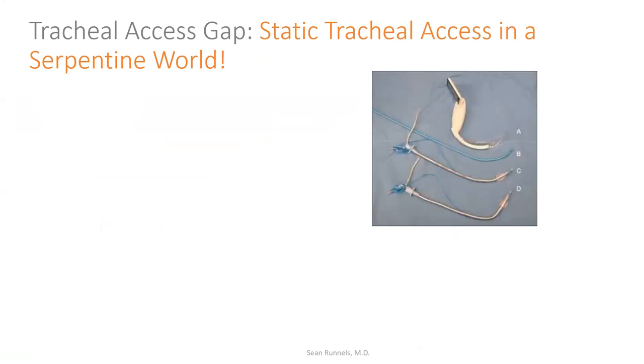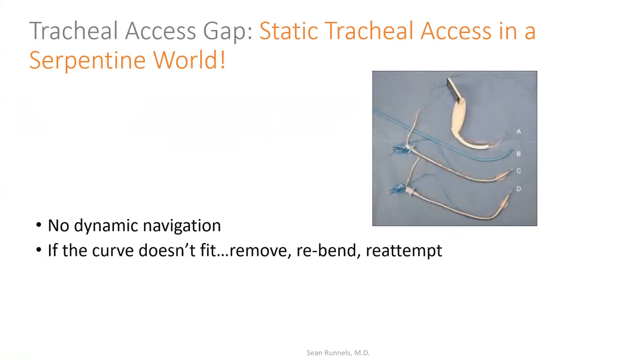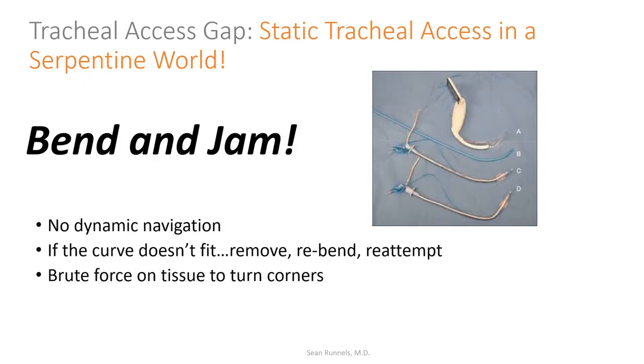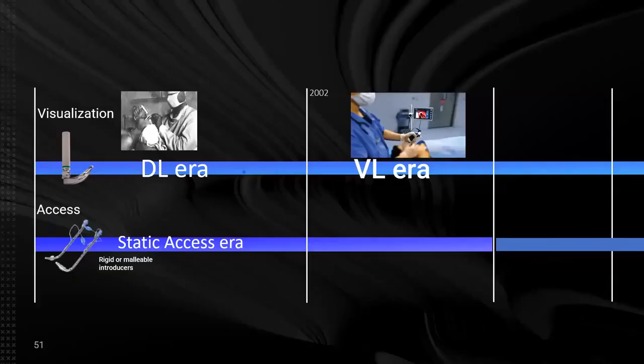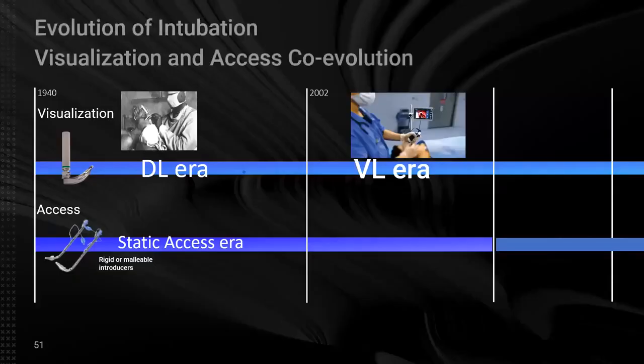So almost 1 in 10 of our rescues turn into mega attempts, and we either wake the patient up or we get the tube in, but we start to cause tissue harm. So no dynamic navigation widely available. If the curve doesn't fit, remove, rebend, and reattempt. Brute force on tissue to turn corners, bend and jam. I won't show you that video again.